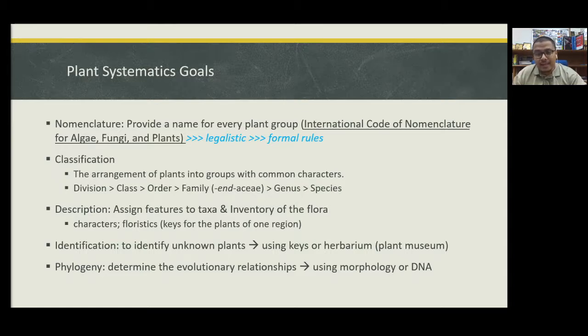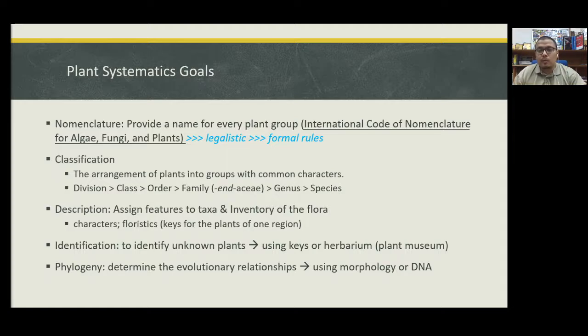This is very legalistic, where there are very formal rules laid down in a document, the International Code of Nomenclature for algae, fungi, and plants. The code itself is revised every 6 years, if I'm not mistaken. So nomenclature is an extremely important function of systematics for naming plants.